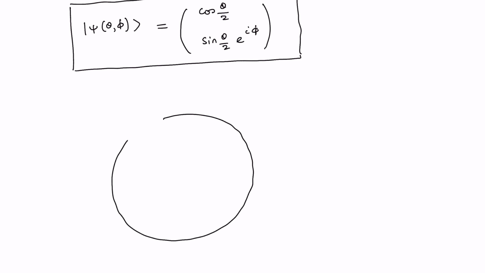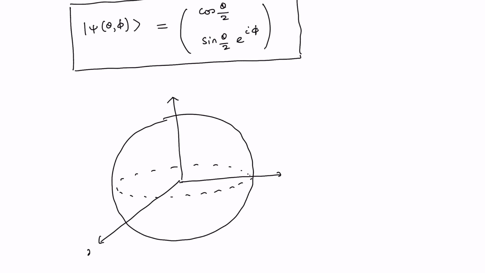Suppose this is my sphere and this is the equatorial plane here. I have my x-axis here, y-axis here, and z-axis. Now depending on the value of theta and phi, you see, it is a unit sphere, this is called the Bloch sphere, and it has unit radius.